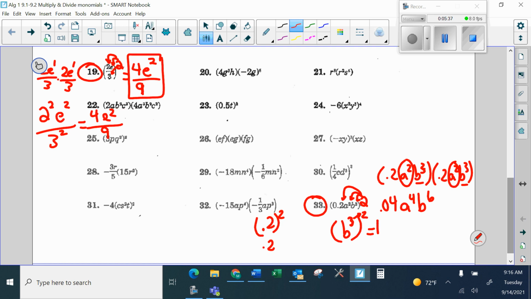And that's why 3 times 2 is 6, which is what we have right there, b to the 6th. So if you are not good at remembering your power rules, then you should write it out like this, and then you can just add your exponents, okay, to get that final answer. But if you remember your power rules, which is obviously what you'd want to do for extra credit for speed, okay, power to power, you multiply. Okay, so there is our final answer right there.